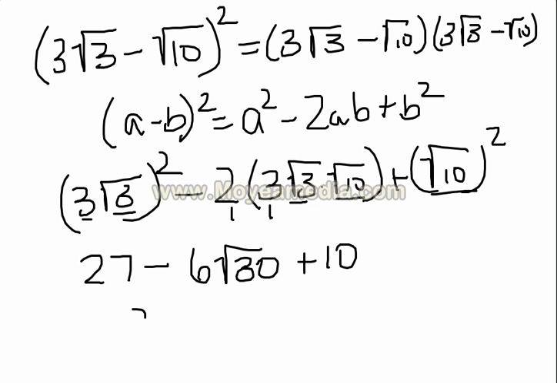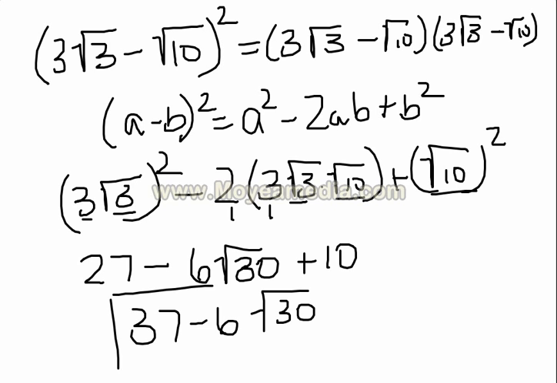So I have 37 minus 6 radical 30. And does 30 contain any perfect squares or anything like that? It does not. So that's simplified. So 37 minus 6 radical 30.